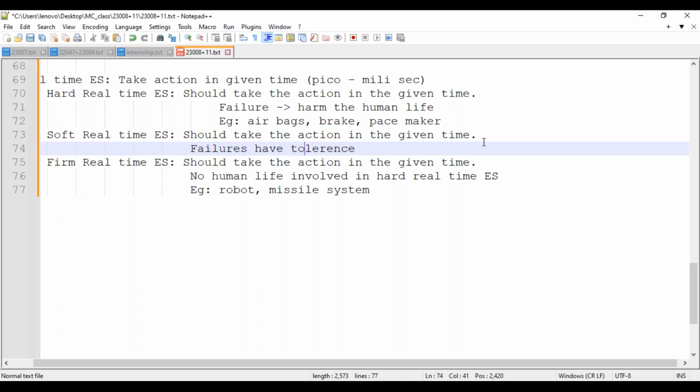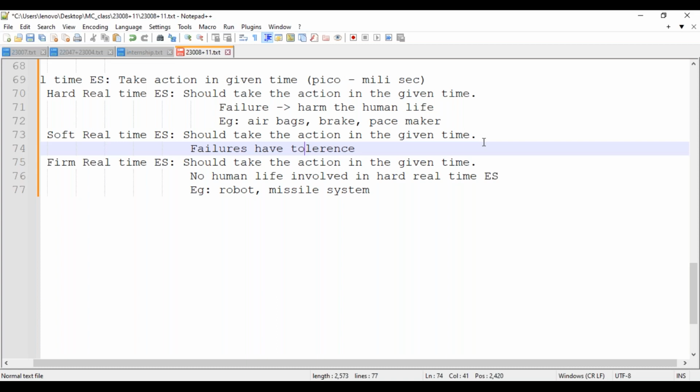So the failures will have a certain level of tolerance. Or let's say a coffee vending machine in your office. Once you tried pouring coffee into your cup and the coffee did not get filled into your cup, it is okay, you can have it repeated again.